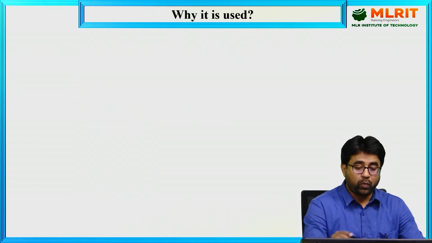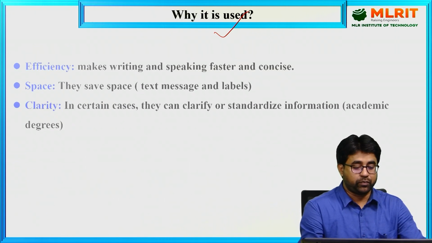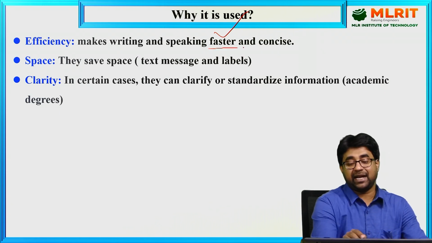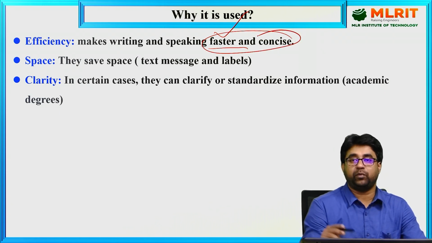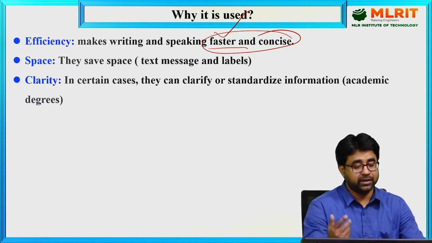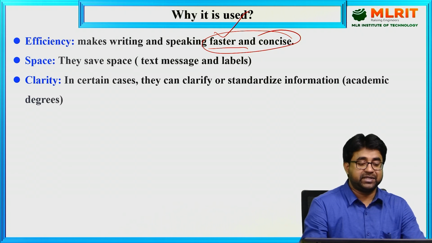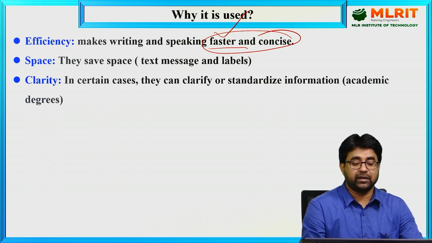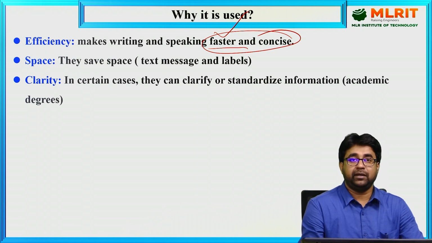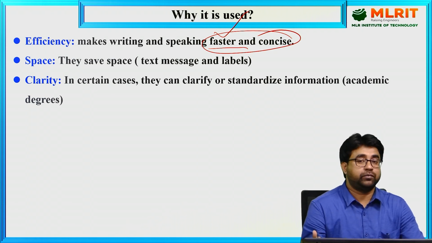Now, why is abbreviation required, or why do we need to use it in certain cases? It makes writing and speaking faster and concise. If we want to make our writing or speaking faster, we can use abbreviation. Then the next is space. They save space. Obviously, if we use abbreviation, we might be able to save a lot of space, especially if you have seen Twitter, right?